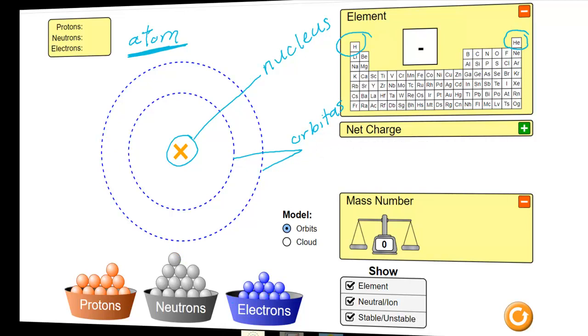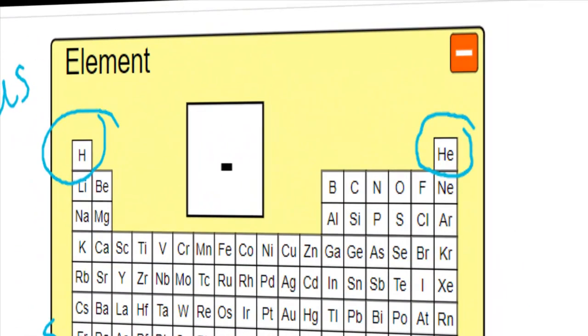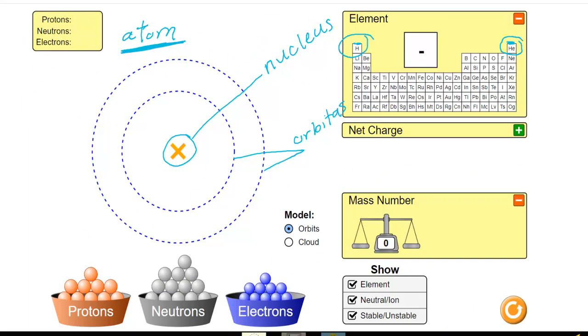Elements are different from one another because of the number of protons, neutrons, and electrons. So H, or hydrogen, will have a different number of protons, neutrons, and electrons than He, or helium.